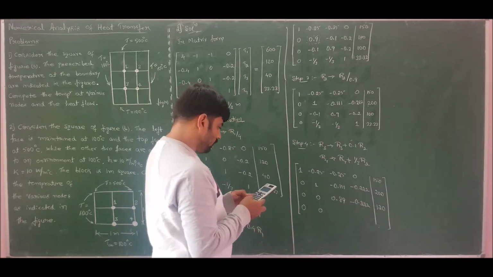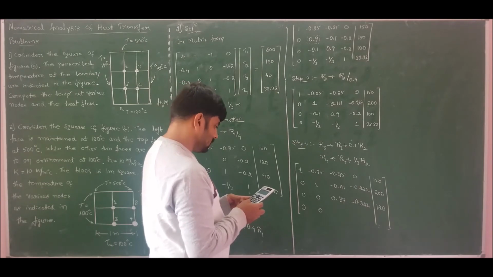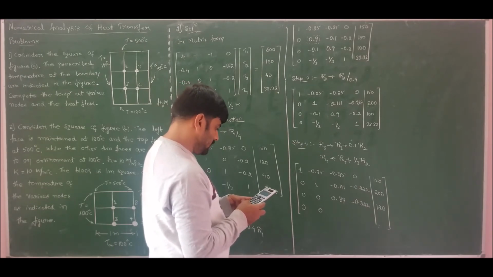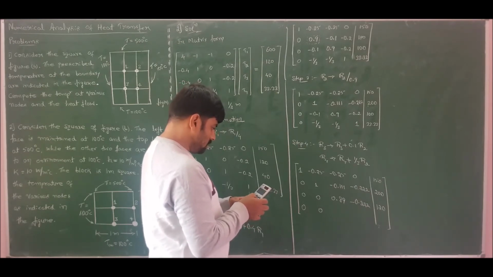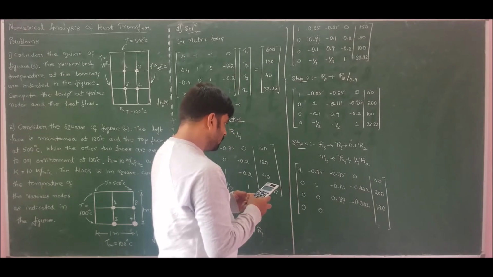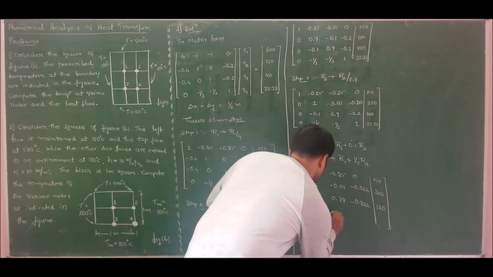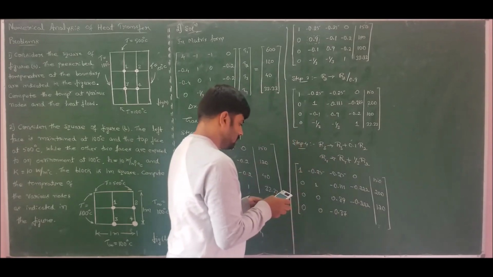Next, moving for R4, we have minus 1 by 3, minus 1 by 3 plus 1 by 3 into minus 0.111, which is minus 0.37.